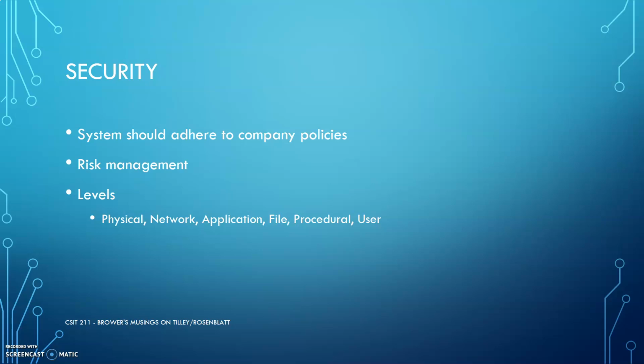And if there is restricted access, where only a handful, like maybe the executives or high-level staff, should be able to see certain data, if that's what the company says, then the software is going to have to go along with it. So a lot of times the security policies the company has should drive the security that the system has. And that's just something to be very mindful of.